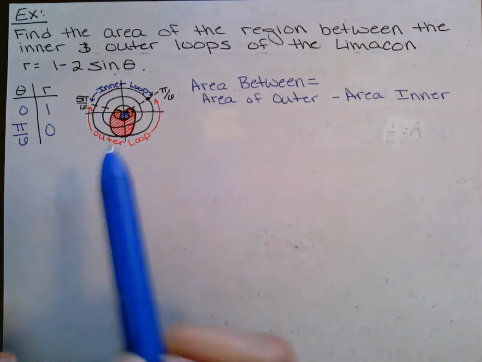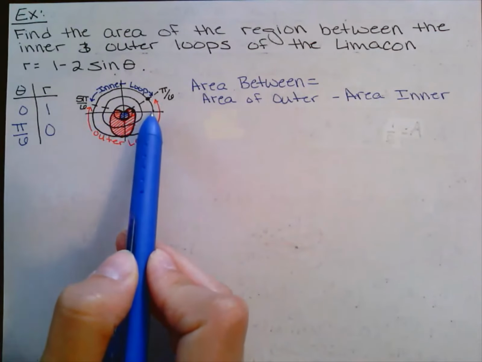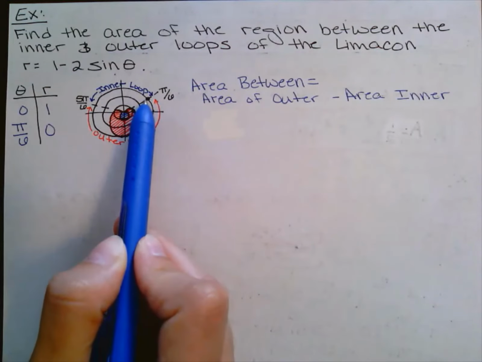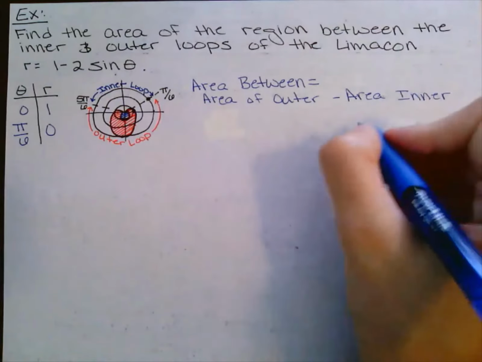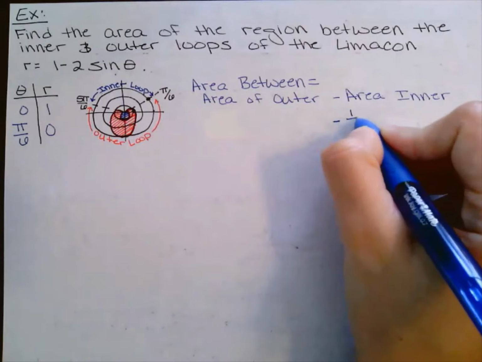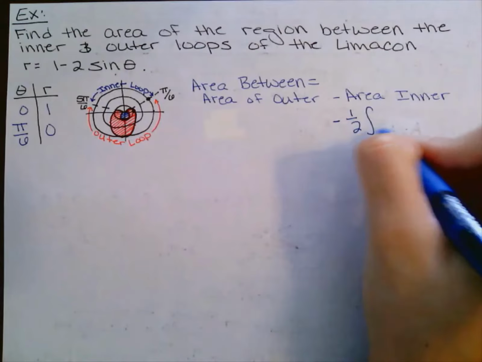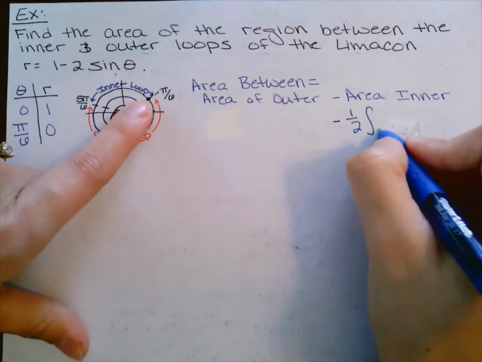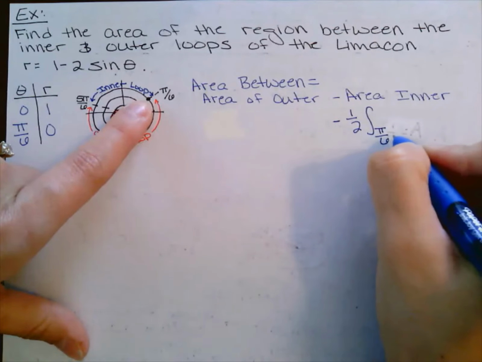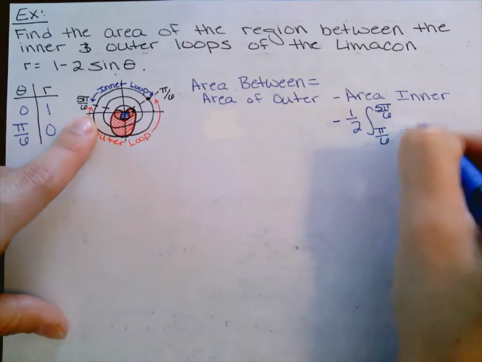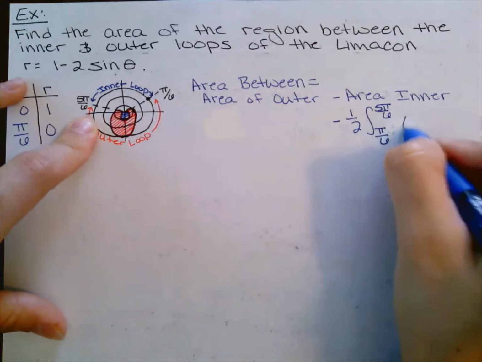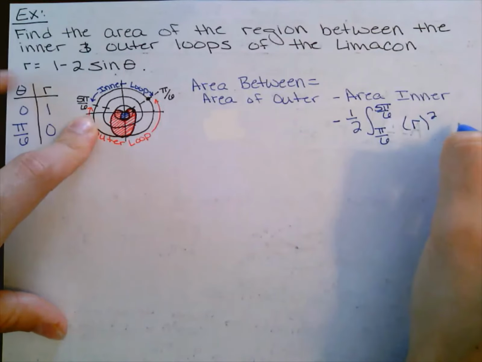Now, when I look at the image, if I go in order from the unit circle, the first part from 0 that I have is this pi over 6. Okay, so from pi over 6 to 5 pi over 6 is this inner loop. So remember, the formula does have that half integral, and we know that the inner loop goes from pi over 6 to 5 pi over 6, and then r squared.